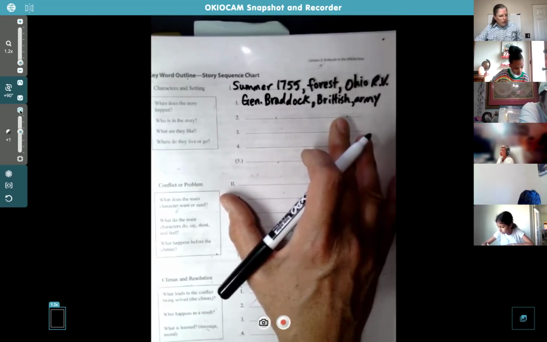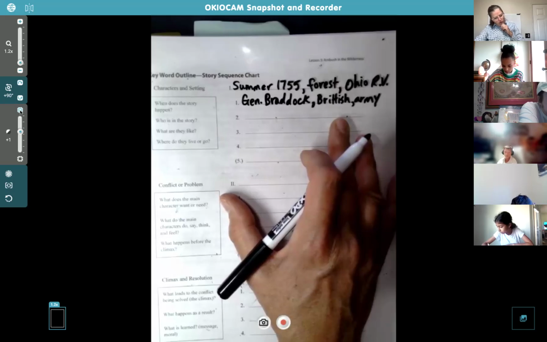And then how about William? Let's talk a little bit because we're setting the scene here in the first paragraph, right? We're telling where they are, who's there. What is it about General Braddock that we need to know at the beginning?